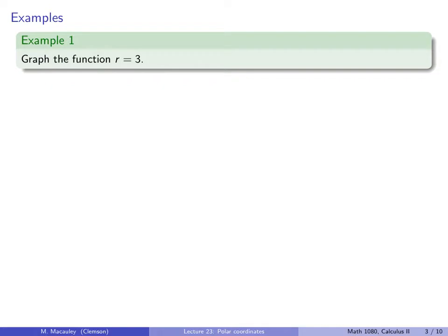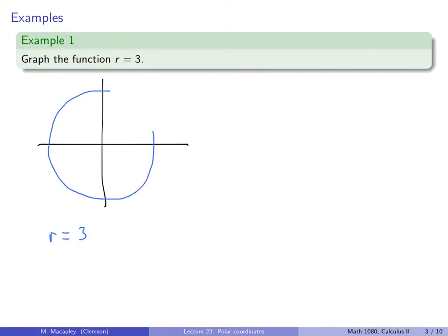Okay, so I said that sometimes polar coordinates are easier, and here's an example. Let's graph the function r equals 3. So I'm going to draw the xy axes just for reference. They really don't belong there in polar coordinates. But r equals 3 is just a circle of radius 3. This is the set of all points whose distance from the origin is 3.